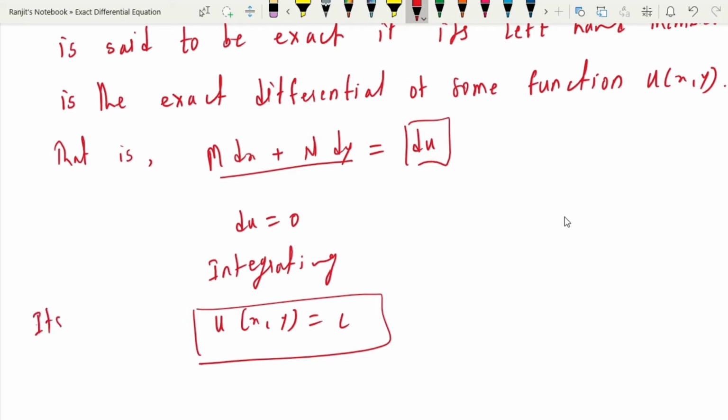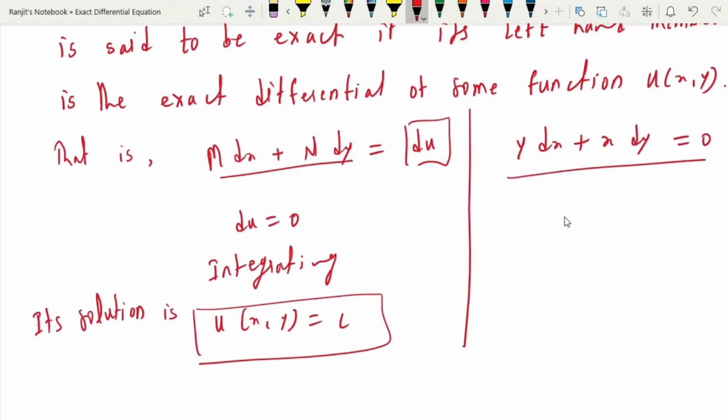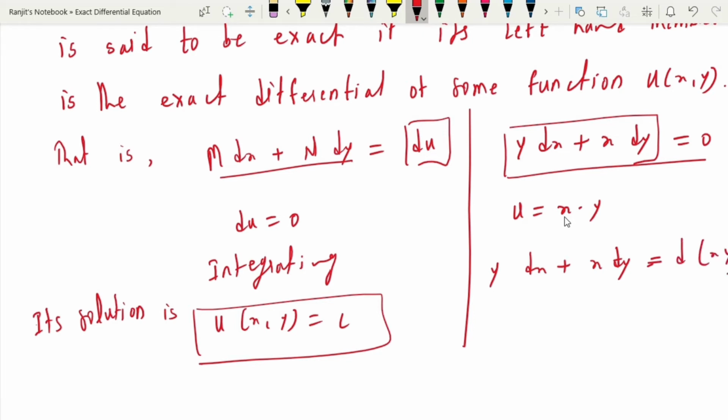For example, if y dx plus x dy is equal to 0 is the given differential equation, then there exists a function u(x,y) equal to x times y such that the left hand side y dx plus x dy is equal to the differential of xy, and therefore its solution is u equal to c. So here xy is equal to c.